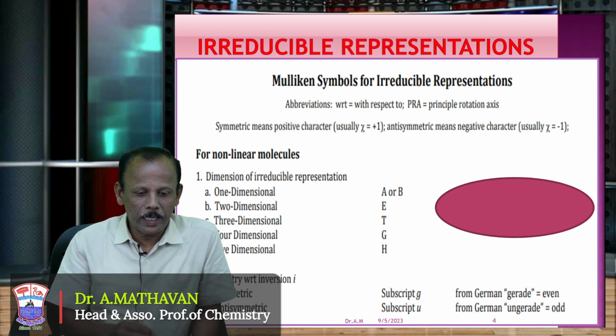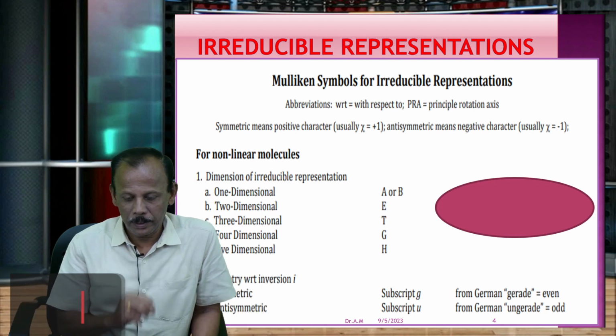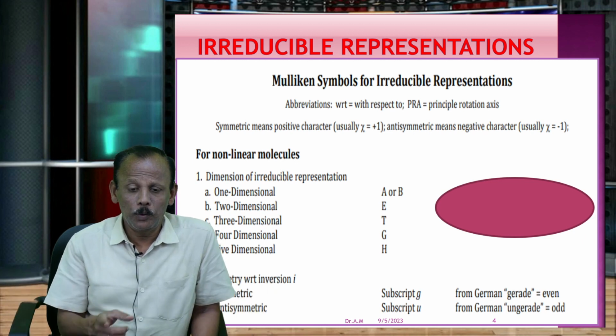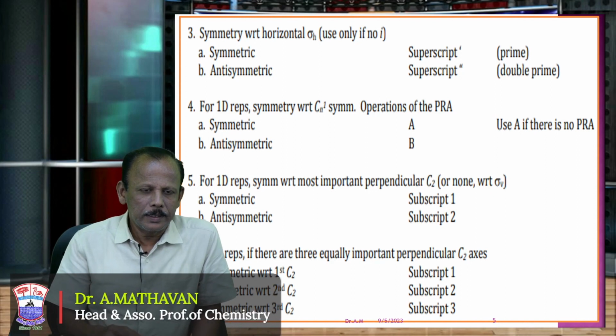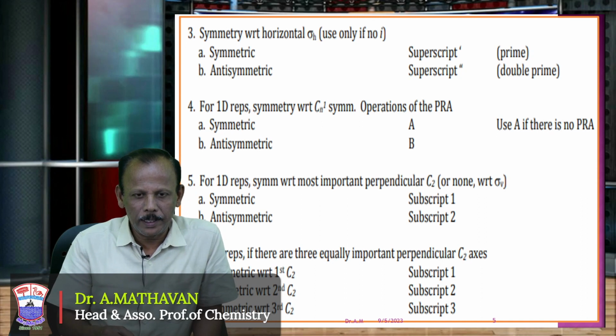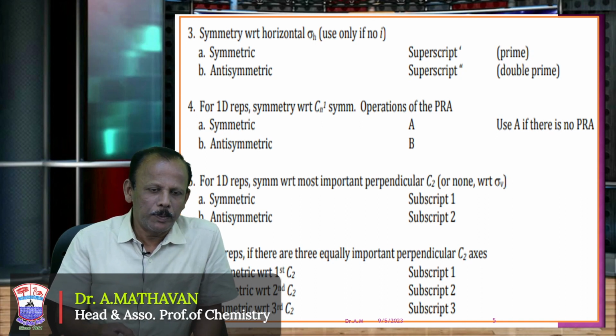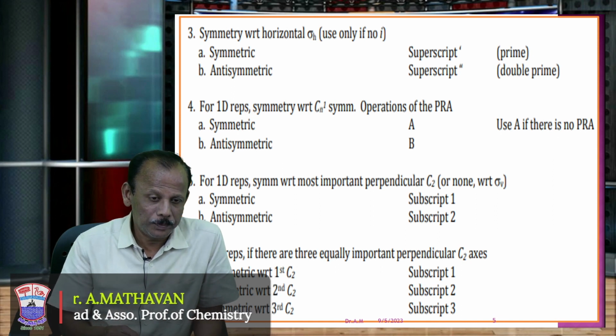If the character corresponding to i is -1, it is antisymmetric and the subscript u is used, so we have Au, Ag, or Eu, Eg, Tu, Tg, like that. u means ungerade. Similarly, if the molecule has sigma h as a symmetry element, for symmetric with respect to sigma h, a superscript prime is used. If antisymmetric, that is the character is -1, a superscript double prime is used.